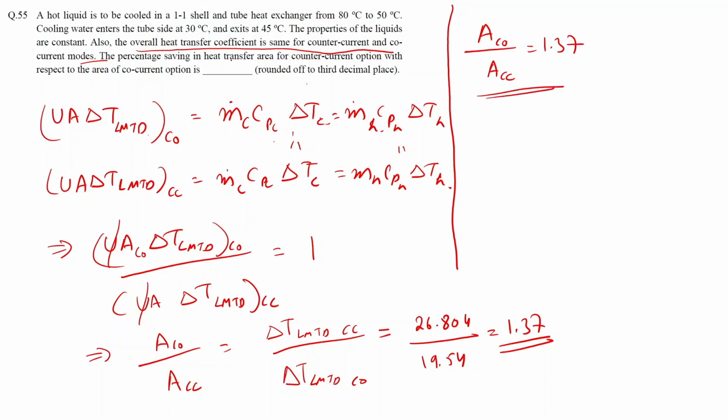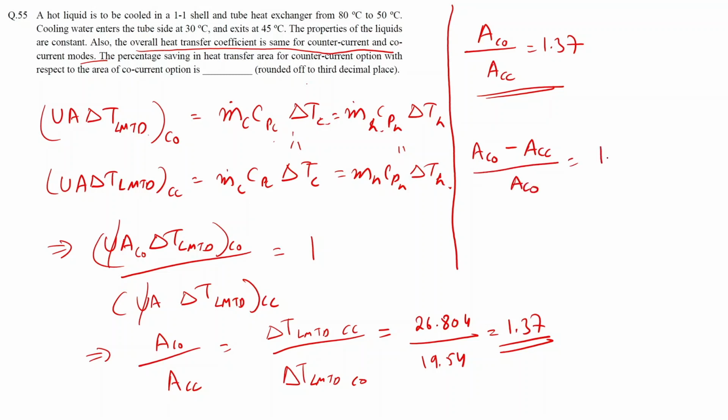Now we have been asked to find the percentage saving in heat transfer area for the counter current option with respect to the area of the co-current option. So that is, we have been asked to find ACO minus ACC upon ACO.